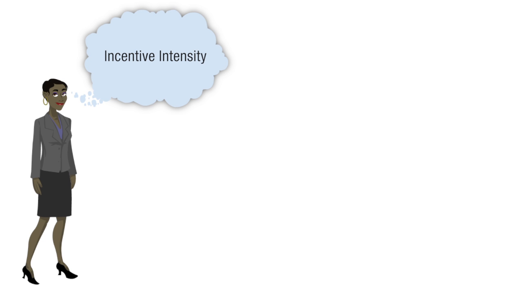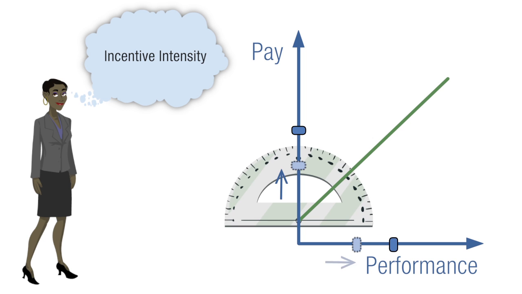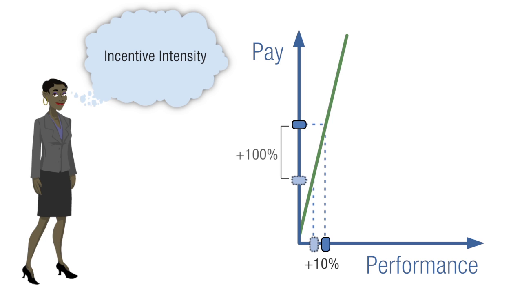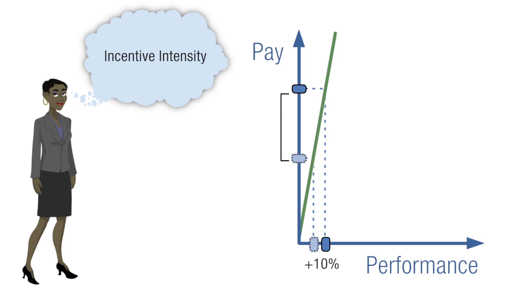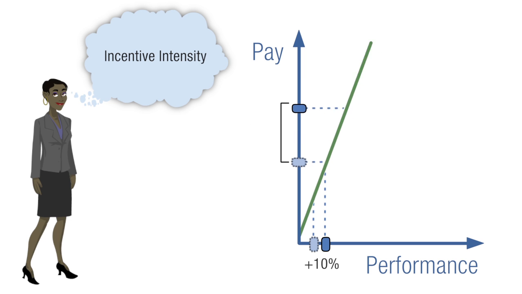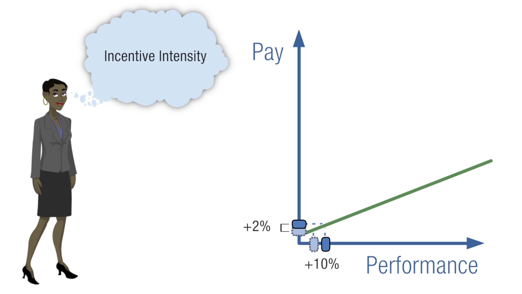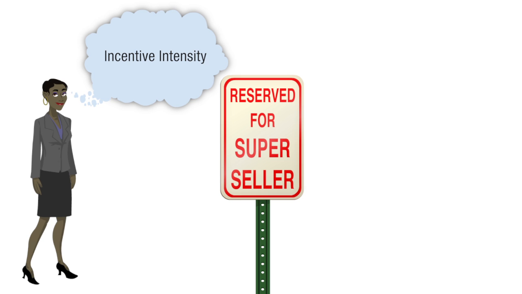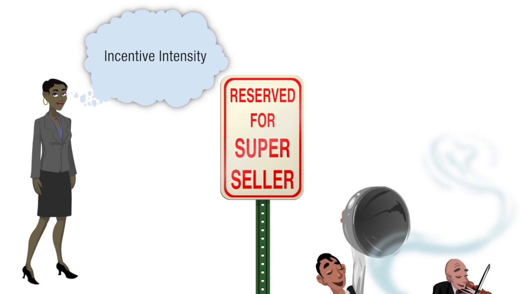This is how sensitive the change in pay is based on a change in performance. So if you are a salesperson, if you sell 10% more, is that going to double your total compensation, triple your total compensation, or only change it by 1 or 2%? Maybe all you get is a parking spot closer to the entrance of the office building and a free dinner.